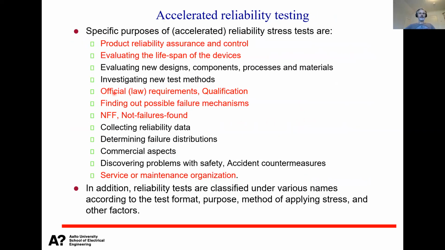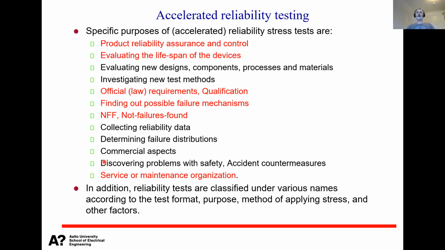So in fact, it is here: discovering problems with safety and accident countermeasures. So one of the points for accelerated or in general reliability testing, stress testing, is to find possible problems with safety. That is quite obvious.